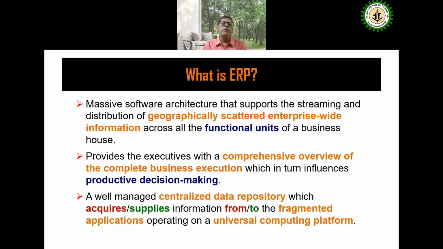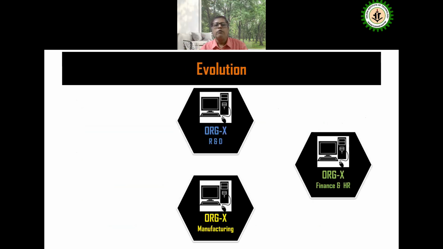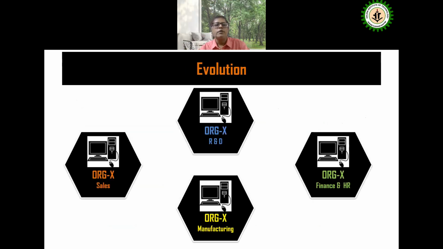Now, what we are referring to as the functional units of business house, we will indicate this pictorially. We have shown four organizations. That means the organization is a single organization, but these are separate SBUs, separate functional entities which are not present in the same country.